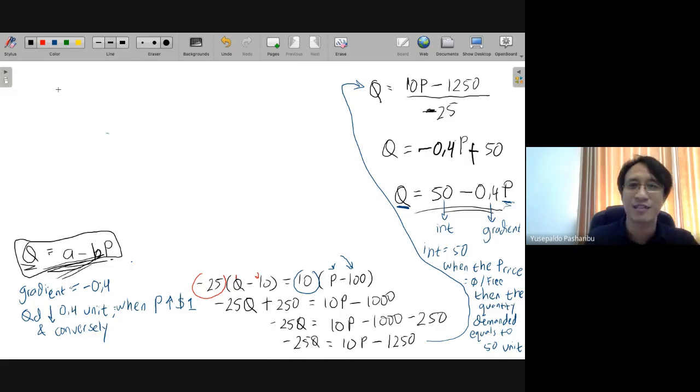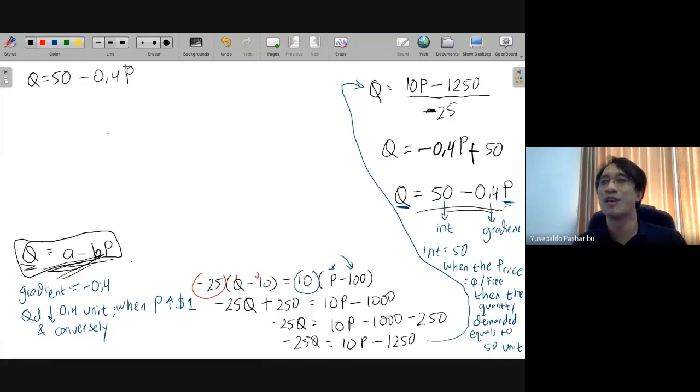So let's try to find out the coordinates first and then try to draw it in a graph. So this is the equation. Q equals to, this is the final linear equation that we derived, 50 minus 0.4p.